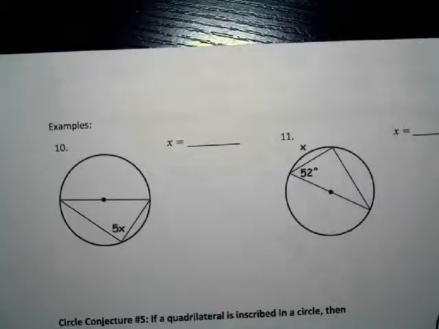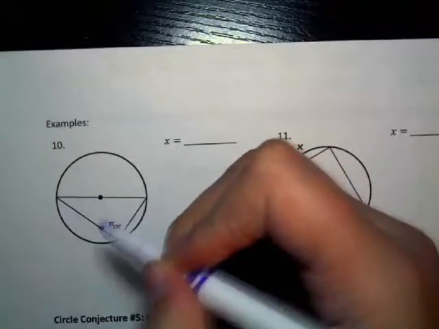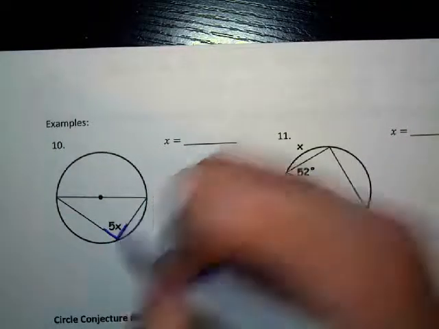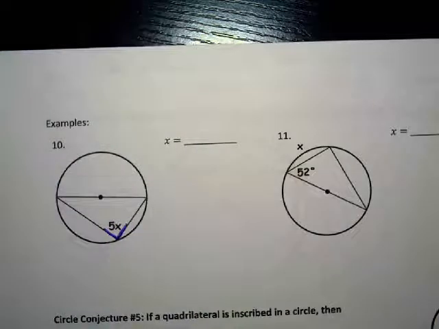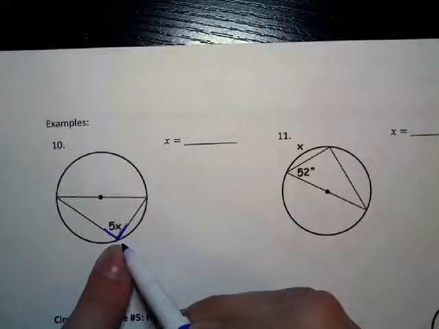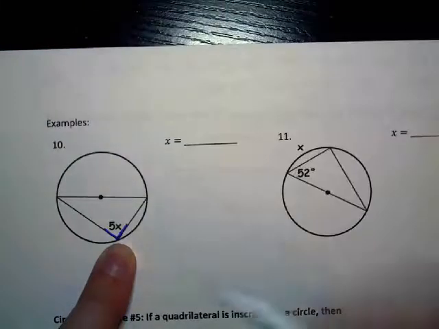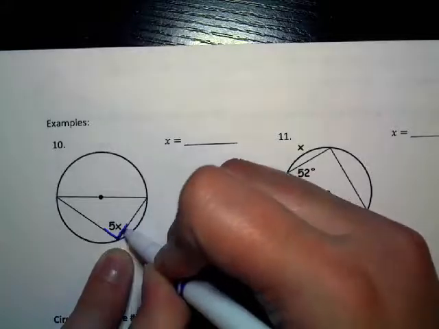All right, so for this one, they have an angle right there that they've labeled as 5x. So it will not be uncommon for me to say, okay, if you have an angle that you're working with on a worksheet, go ahead and start by taking a marker and writing on that angle. And then with your marker, follow that angle out towards the edge of the circle.